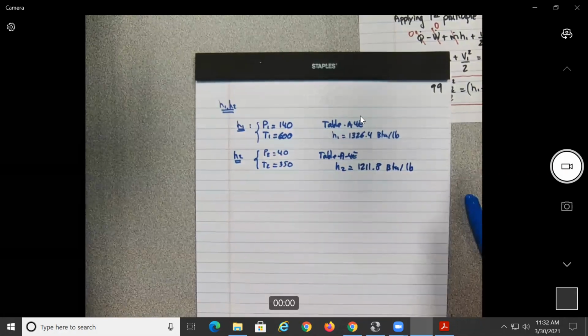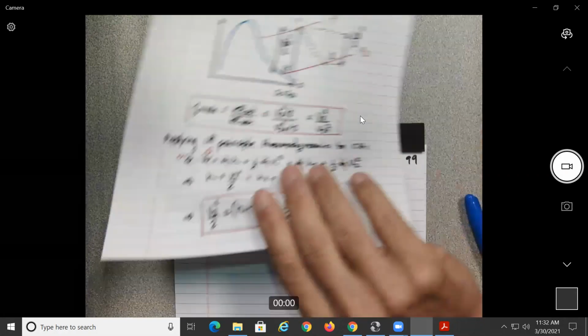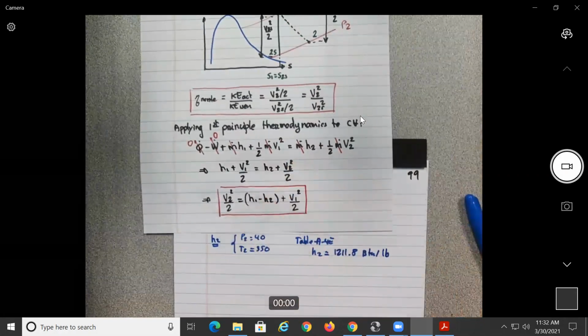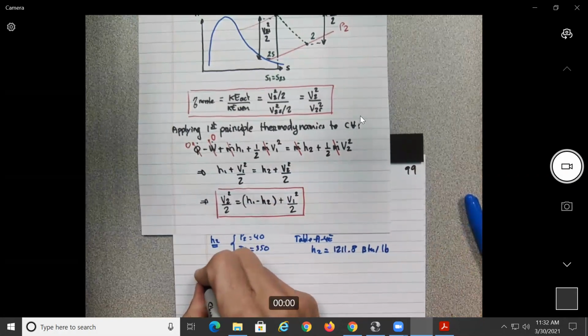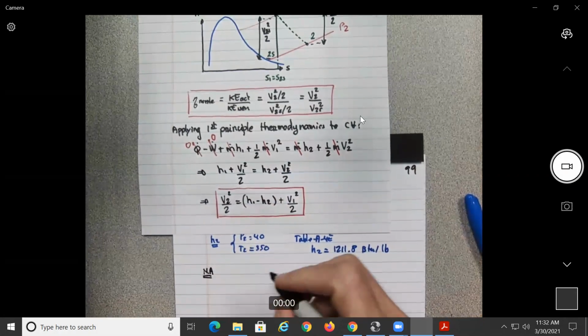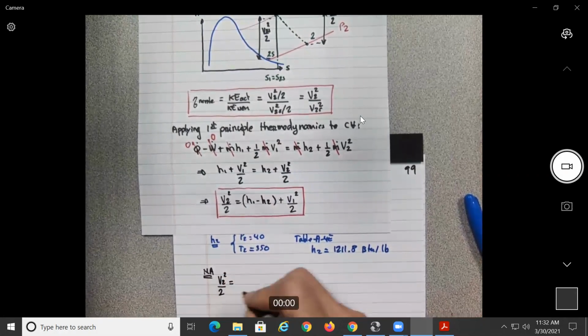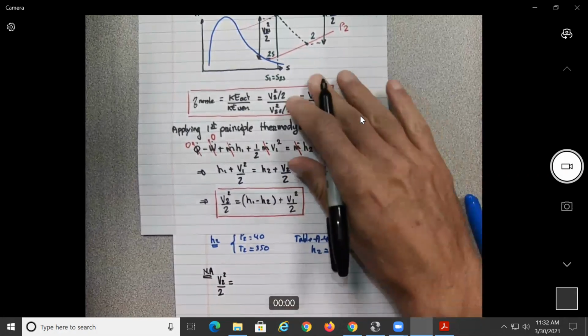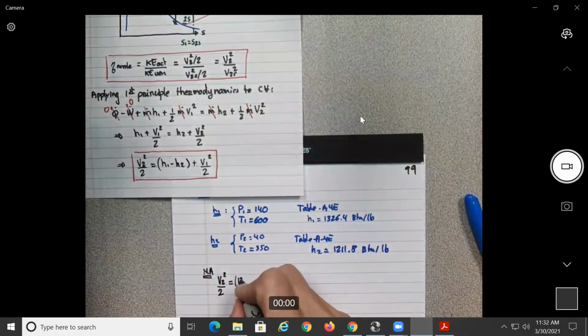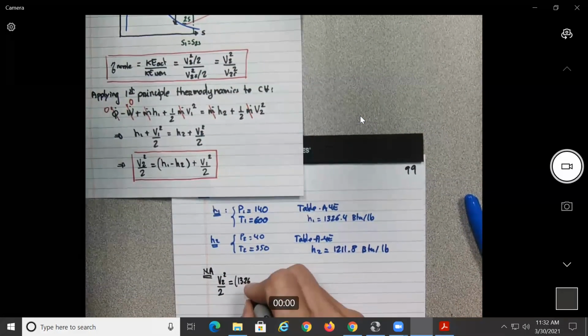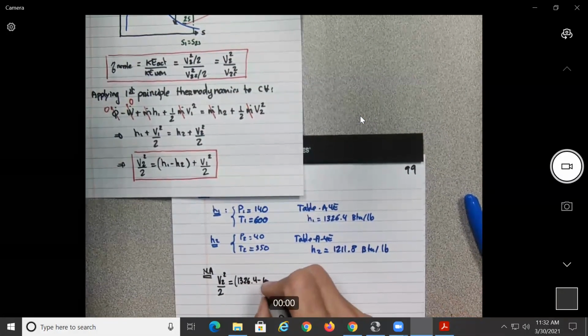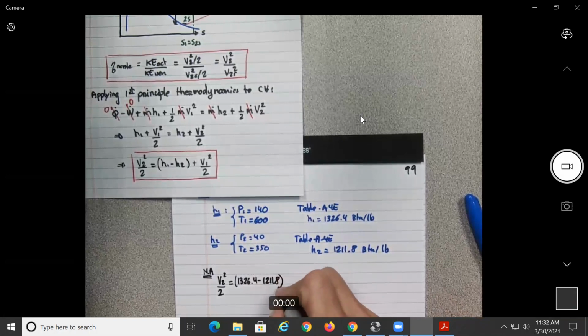Okay, so now we can go and substitute into that equation. So we do the numerical application. What do we get? V2 squared over 2 will be equal to H1, that is 1326.4 minus 1211.8. And these are units of what?